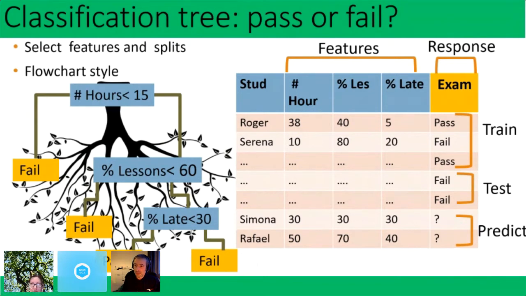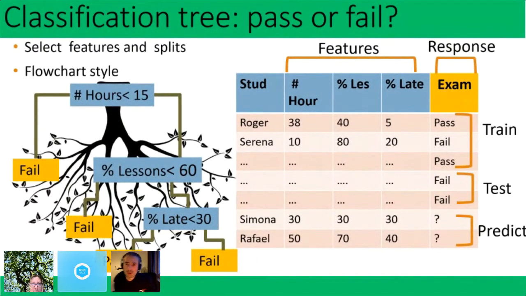The green segments here are the branches of the tree. These internal parts are the internal nodes of the tree. And then the values of the response, so fail and pass, are the leaves of the tree. So this is a bit counterintuitive, the relationship between the real tree and the algorithm. It's with an upside down tree.